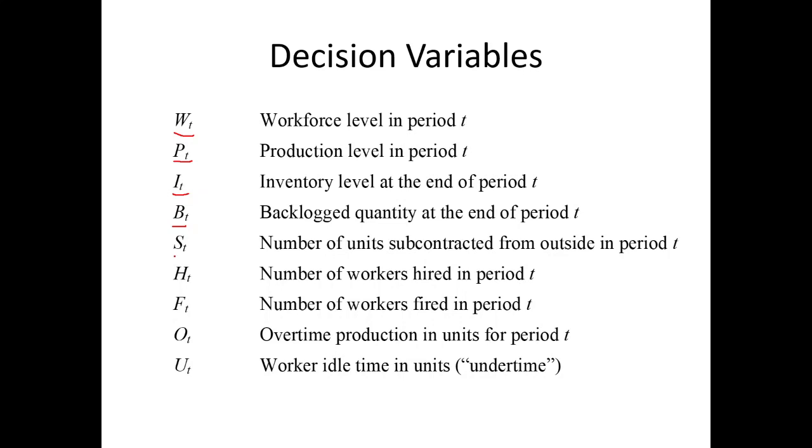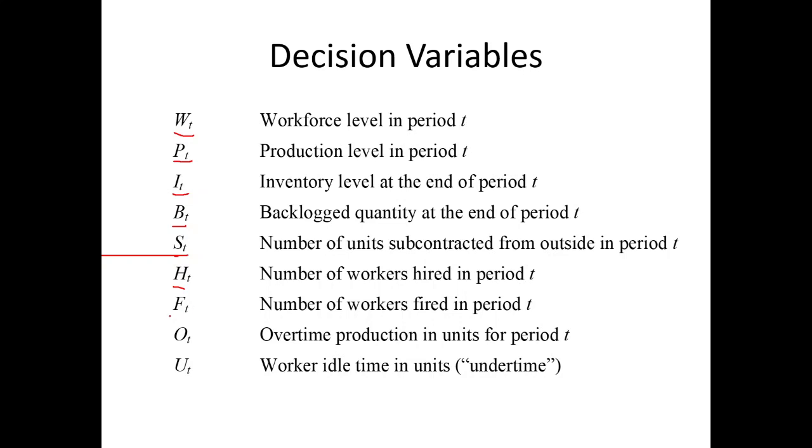S sub T is the number of units subcontracted from outside sources in period T. H sub T is the number of workers that we are going to hire in period T. And of course, we assume that the training does not actually take a long time, so when you hire new workers, they will be directly available for production.